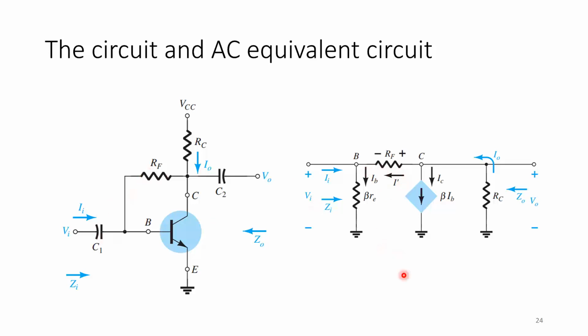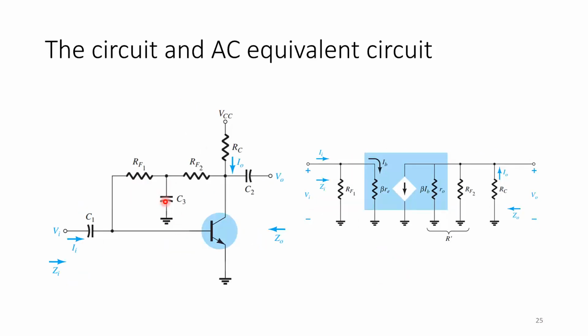If you have a capacitance connected to ground, RF would be separated into RF1 and RF2, where one RF goes to the input network and the other RF, connected to the collector, is joined to the output network. I'm not going to go into the collector feedback circuit. You can have a look in the textbook just to close the loop on the collector feedback, because we covered this in DC biasing.